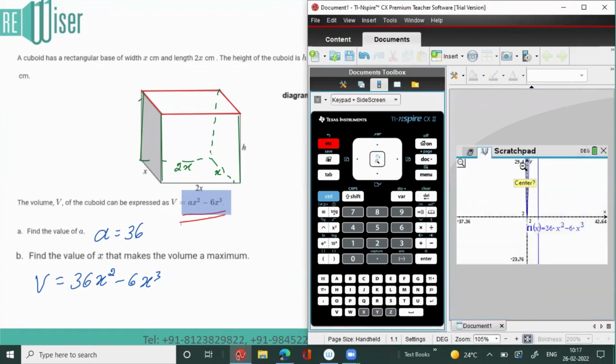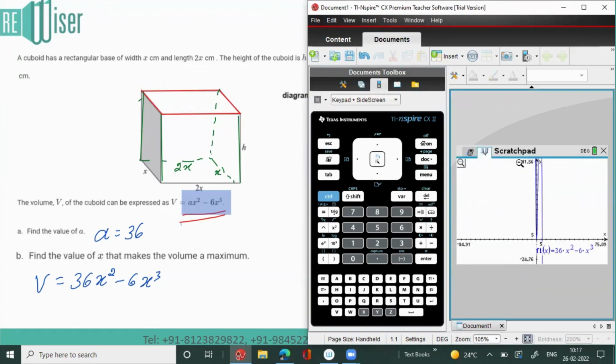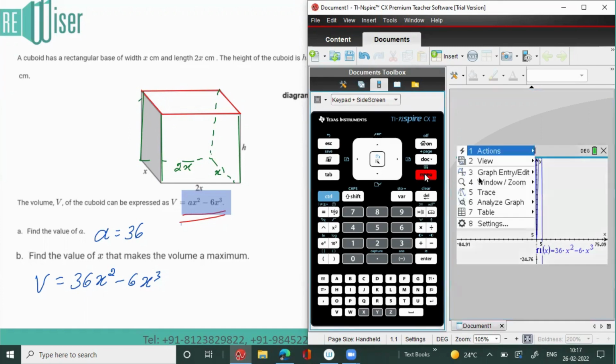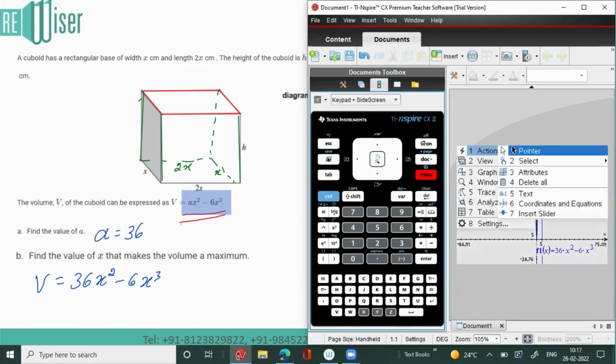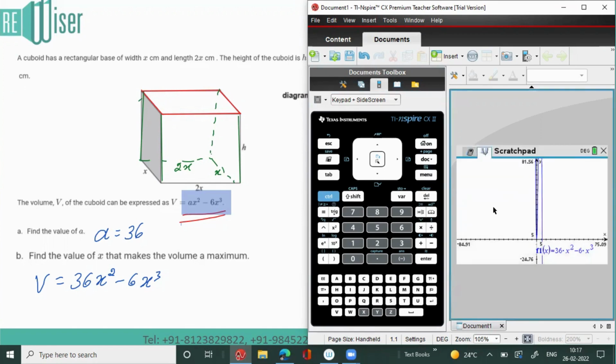Let me change the y coordinate, since it seems to be very, very large here. Let me change the y coordinate to 200 and see what's happening.